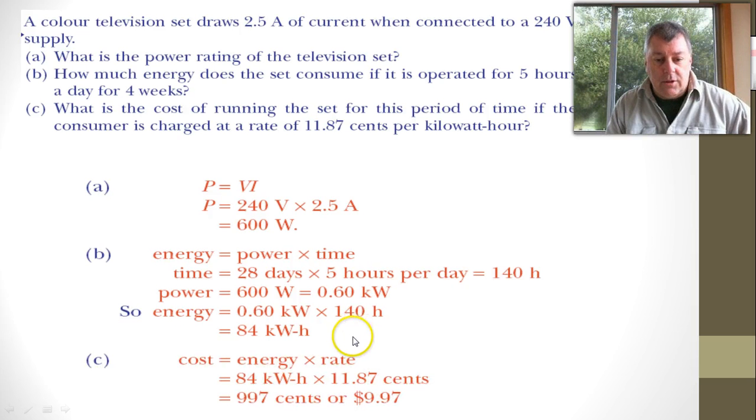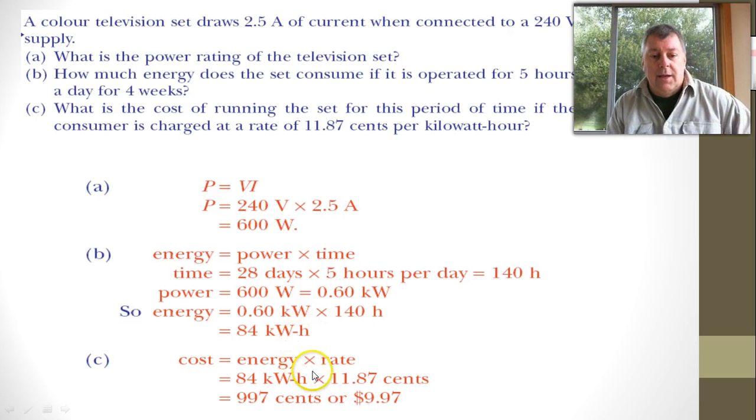And then the cost is the kilowatt hours times the rate, and that's 11.87 cents, or 997 cents. Not dollars, because we're working it out in cents, or $9.97.